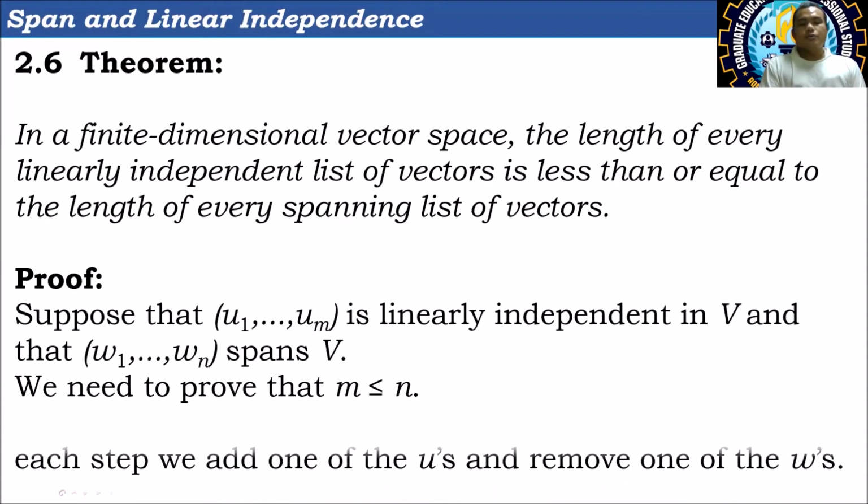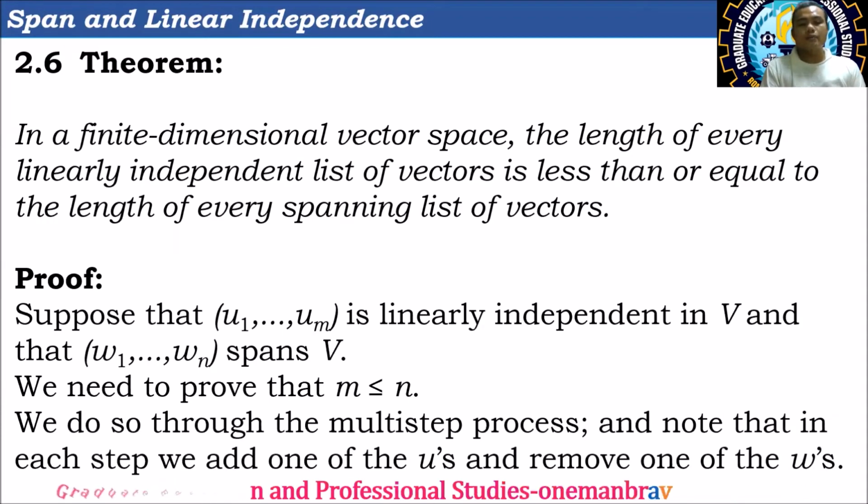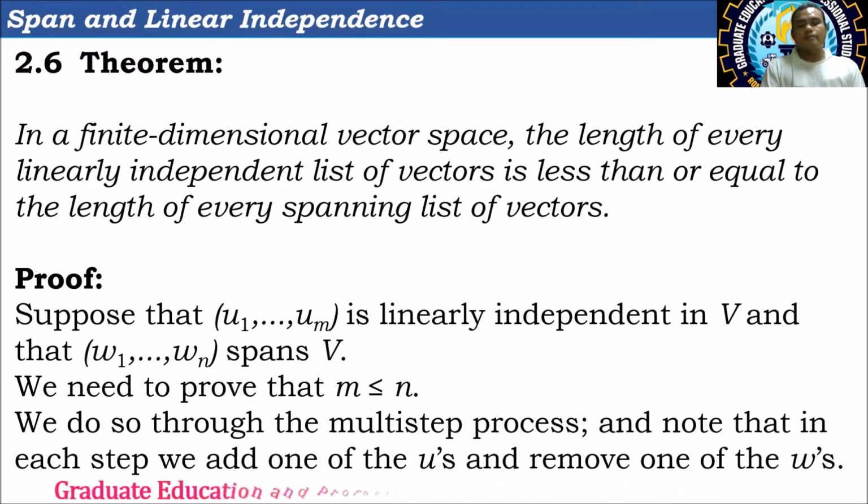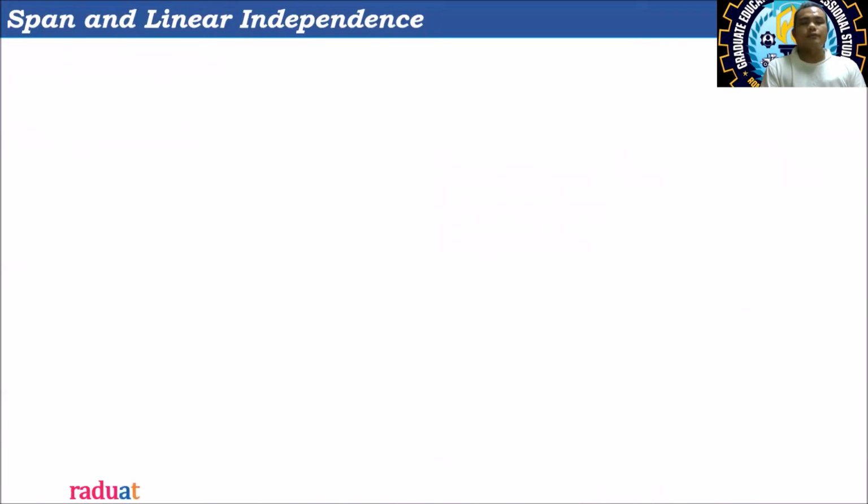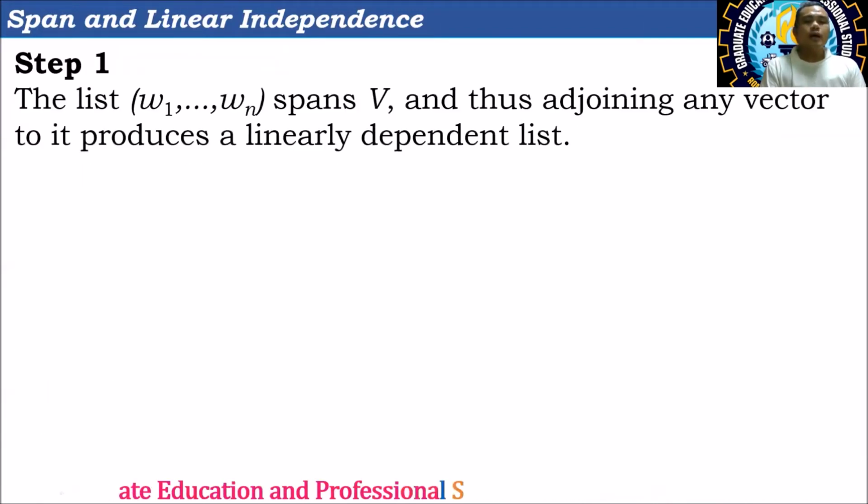We do so through a multi-step process, and note that in each step, we add one of the u's and remove one of the w's. So this will be our step 1. Step 1: the list of w's spans V, thus adjoining any vector to it produces a linearly dependent list.